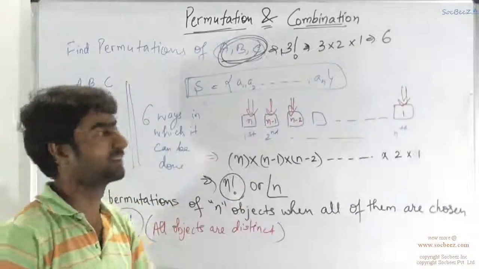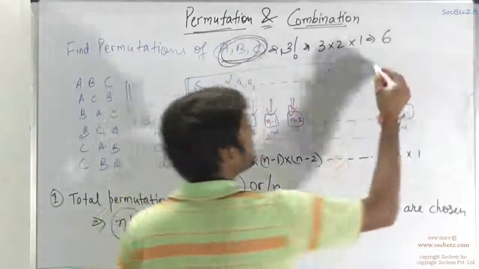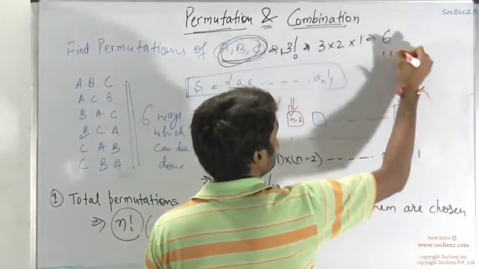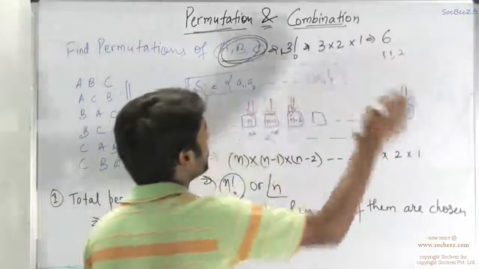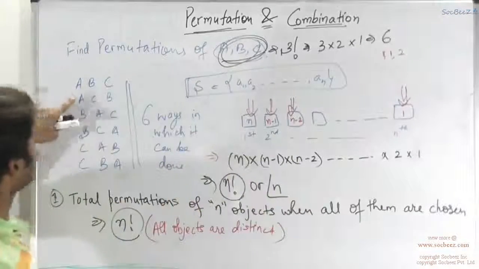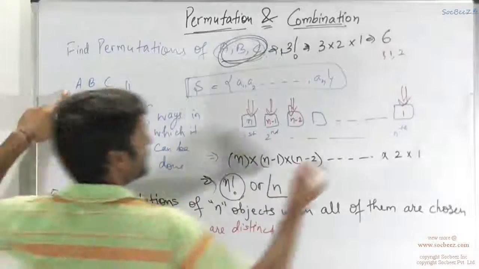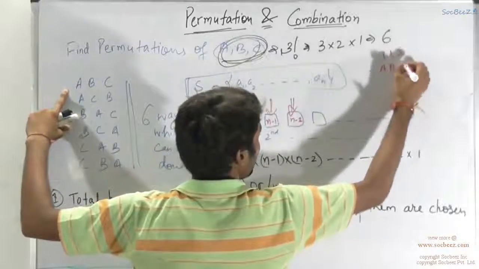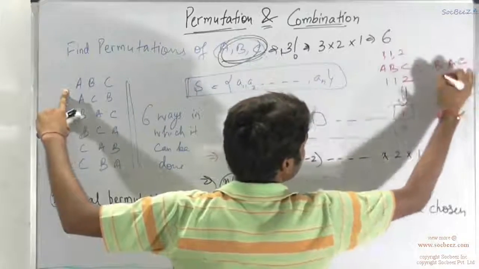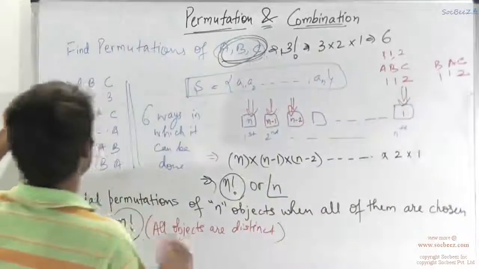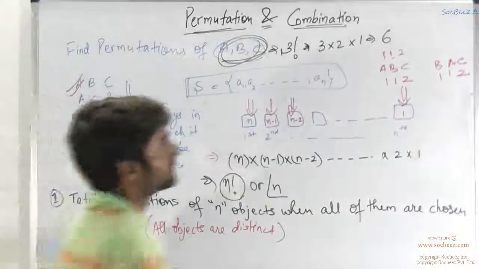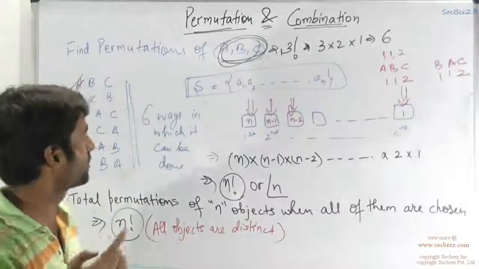B is not equal to A, because let us suppose if they were the same: letter A was 1, B was 1, and C was 2. So if we form these two permutations, say A, B, C, this would be 1, 1, 2, and form B, A, C, this would be 1, 1, 2 again. So this permutation and this permutation would be the same. So we can't count these as 2. This would be one permutation only.